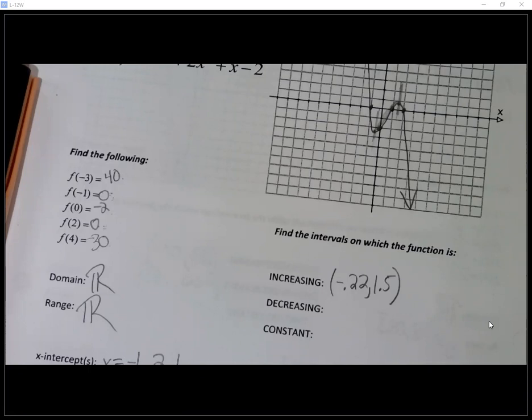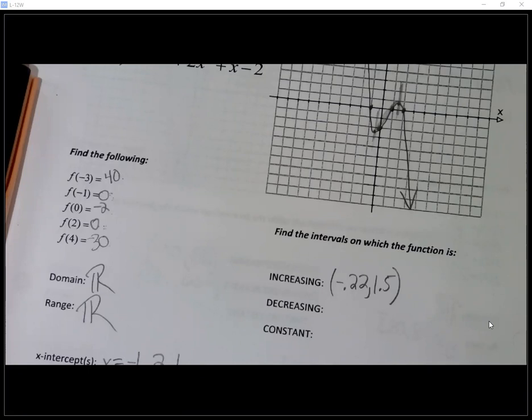Are you with me? When we're talking about the interval where we're increasing or decreasing, I actually don't really care about the y values when I go to give that interval. I care about what the x values are. I know the x value right here is negative 0.22. Wasn't it still decreasing when x was negative 1? Negative 2? Negative 4?